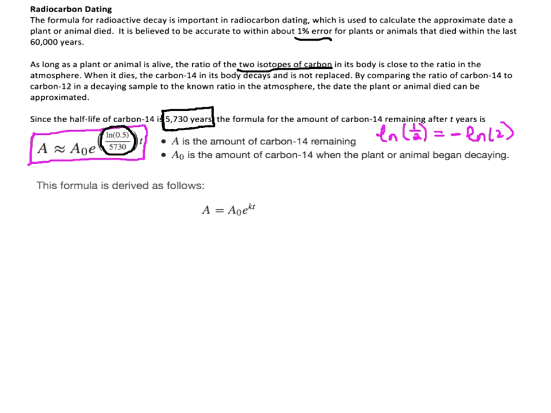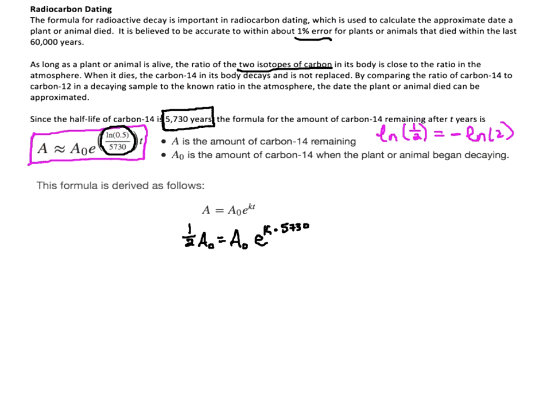So once again, we're talking about half-life. So on the left-hand side, we're going to replace A with 1/2 A sub 0. And that equals A sub 0 e to the k. And we know the time of the half-life is 5,730 years.